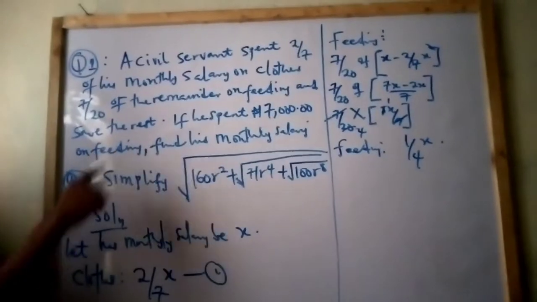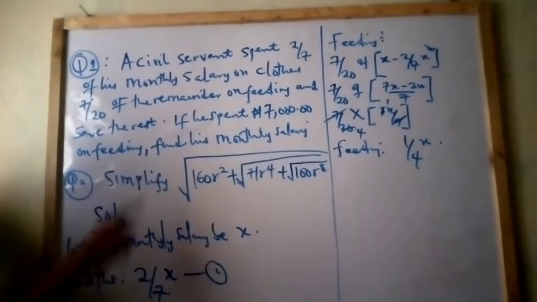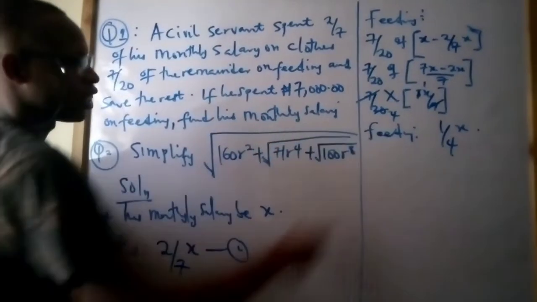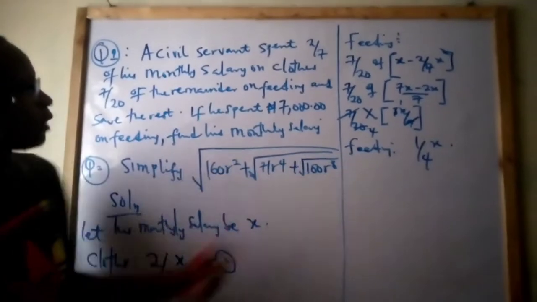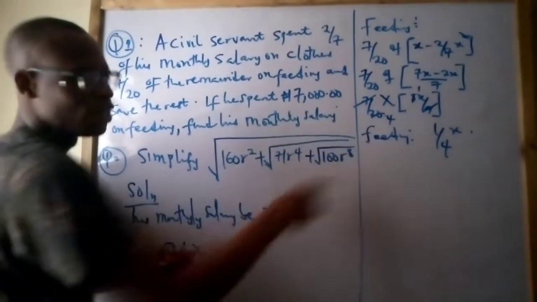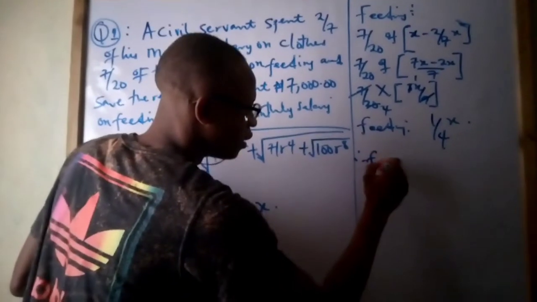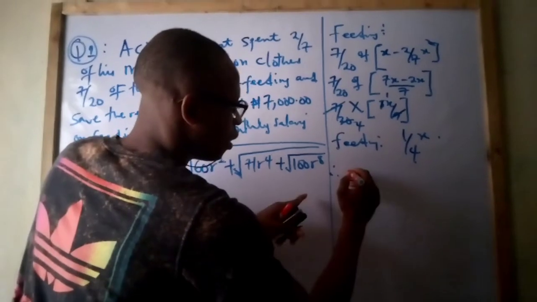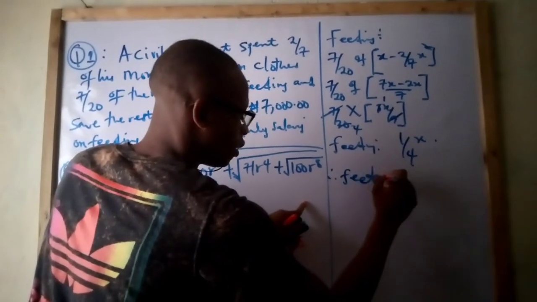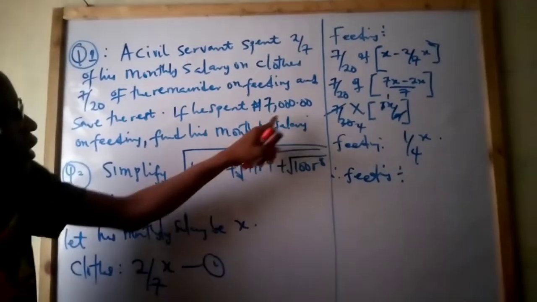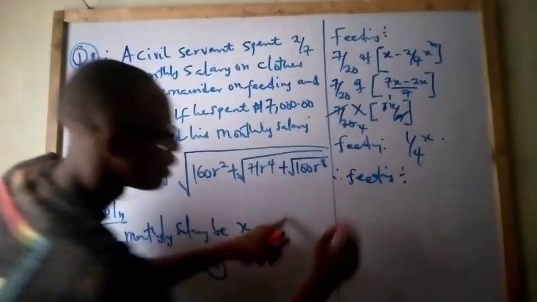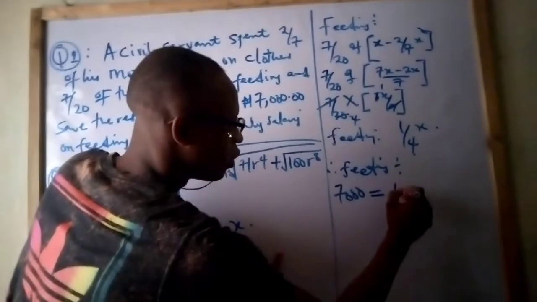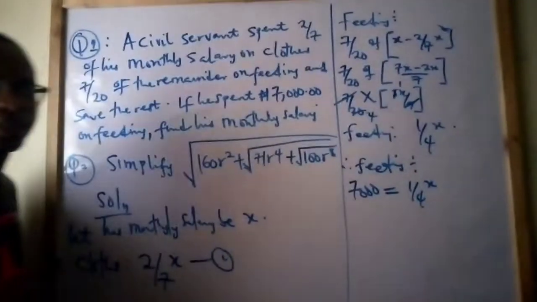Now, if he spent 7,000 naira on feeding, find his monthly salary. This is feeding, and he spent 7,000 naira on that feeding. So that means 7,000 on feeding, if you make an equation from here, equals 1 over 4X.